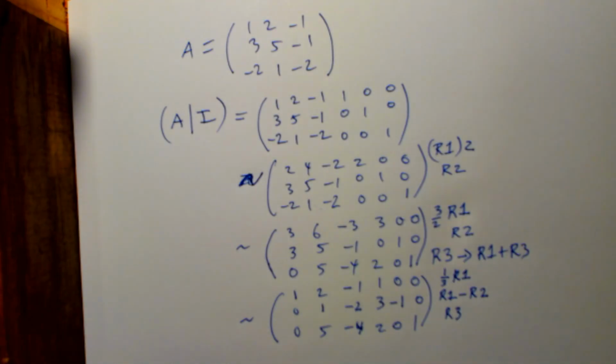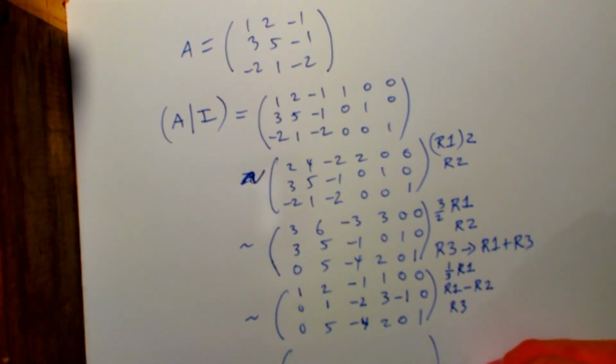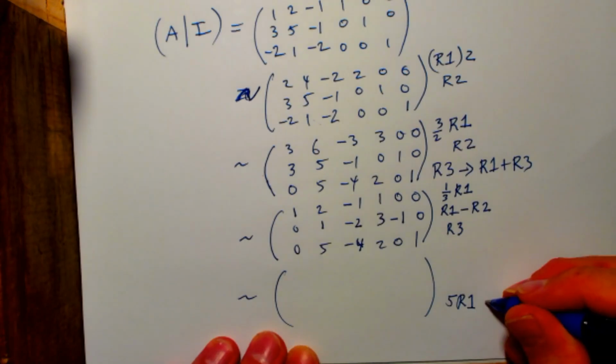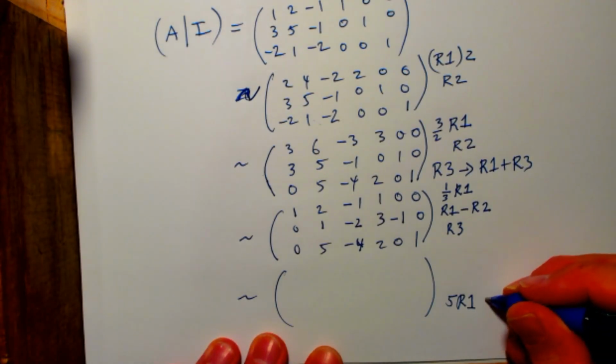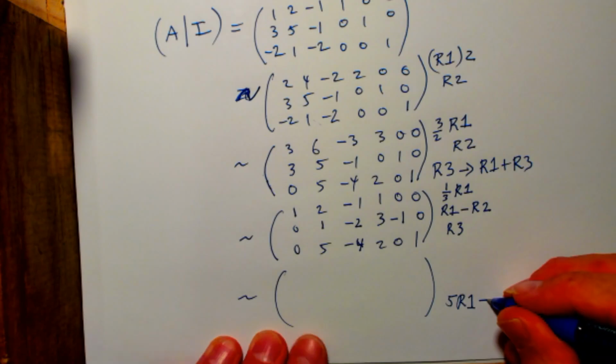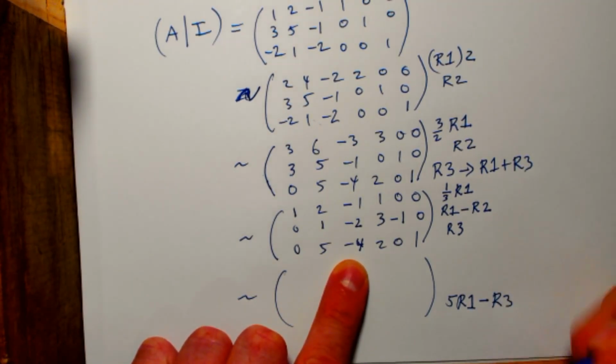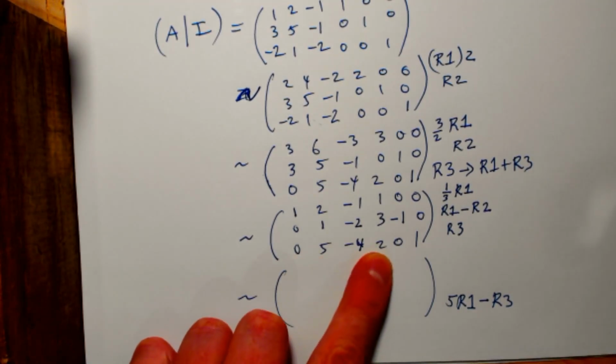Okay, so what I want to do now is replace row 3 with, let's see, 5 times row 1 minus row 3, so that we get a 0 down here.